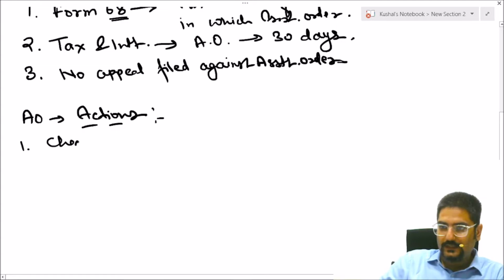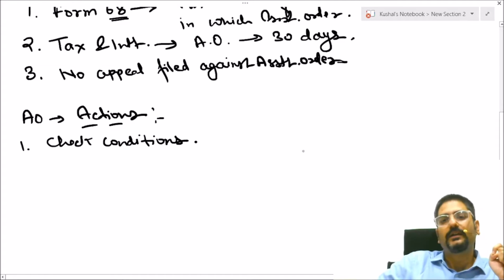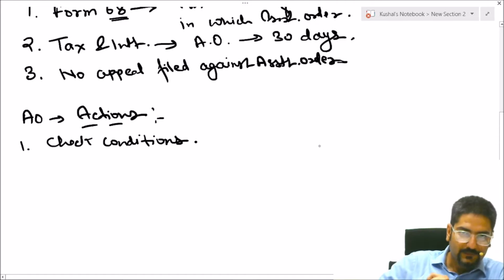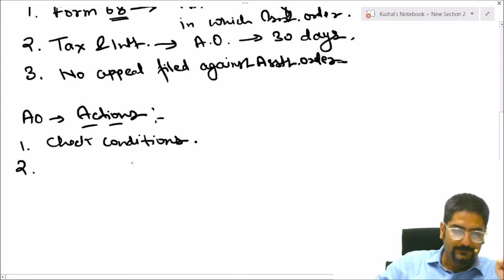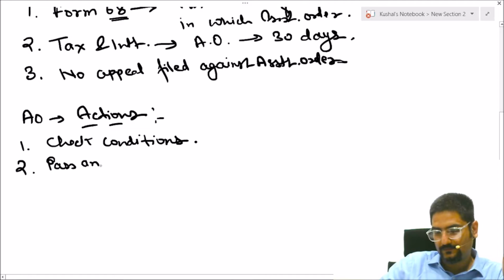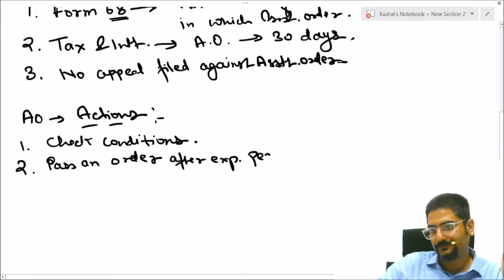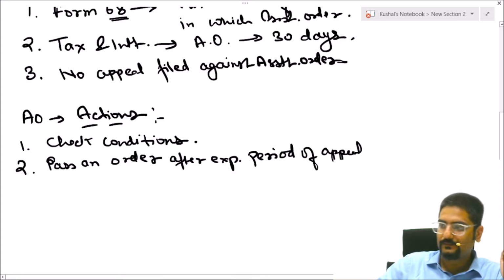First, AO will check whether the conditions which are mentioned in section 270AA have been complied with or not. Then the assessing officer will pass an order after expiry of the period of filing appeal by the assessee.